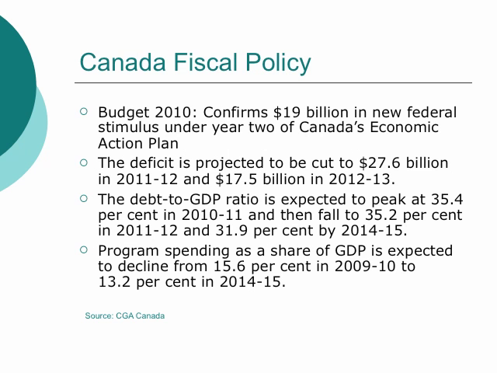The debt to GDP ratio is expected to peak at 35.4% in 2010 and fall to 31.9% by 2014-15. Program spending as a share of GDP is expected to decline from 15.6% in 2009 to 13.2% in 2014-15.